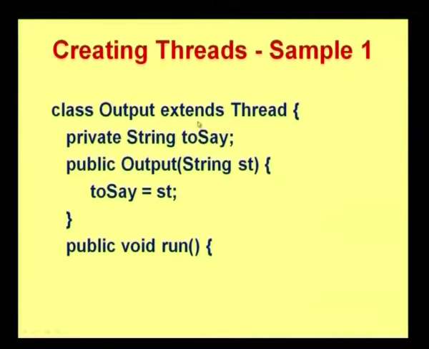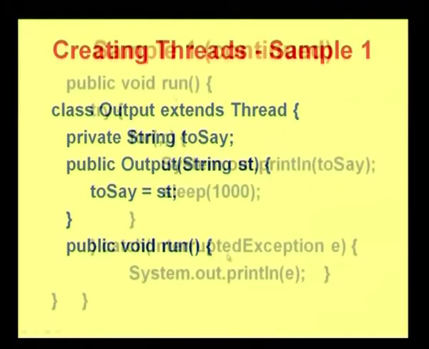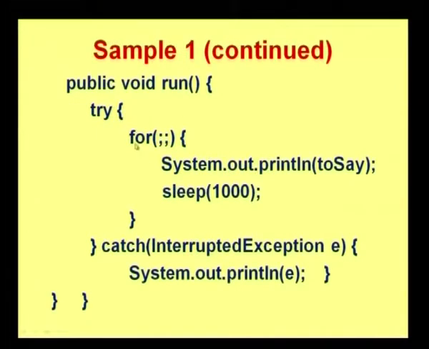Since I extend the Thread class, this particular program could now act as a thread. Now I have a public void run method. Inside the run method you can see there is an infinite for loop, and I am trying to print the string that is assigned to my thread class, where I have assigned this value to the particular variable. Here my thread class is the Output class.